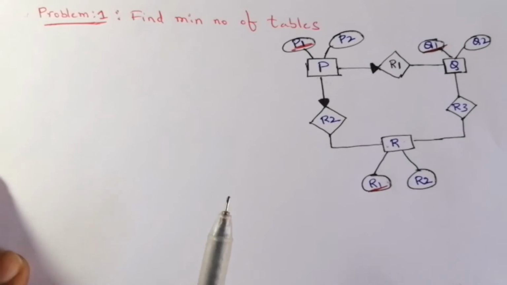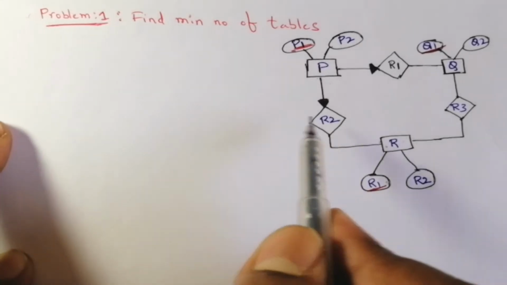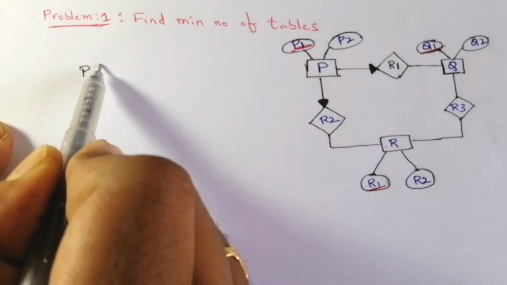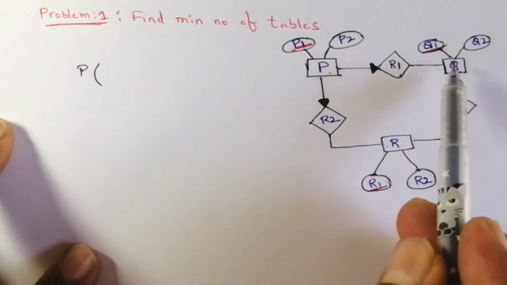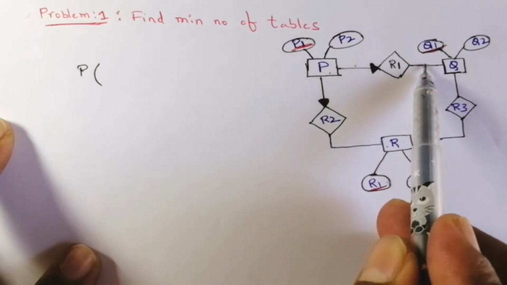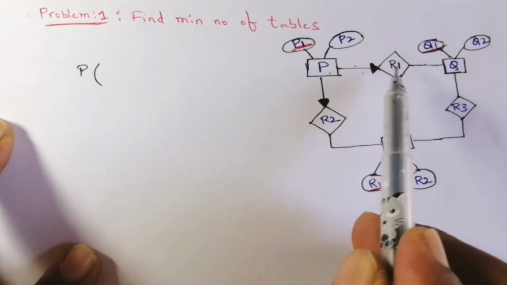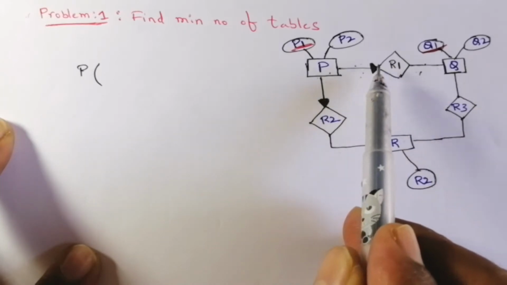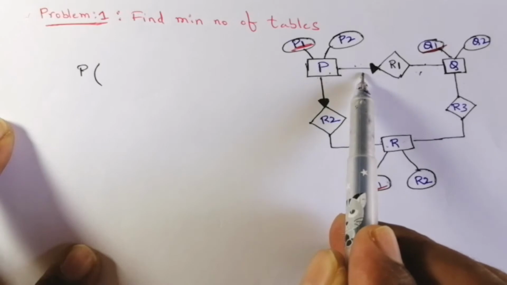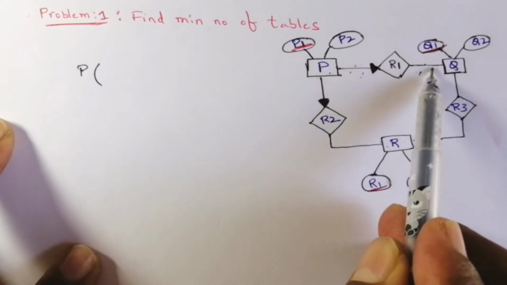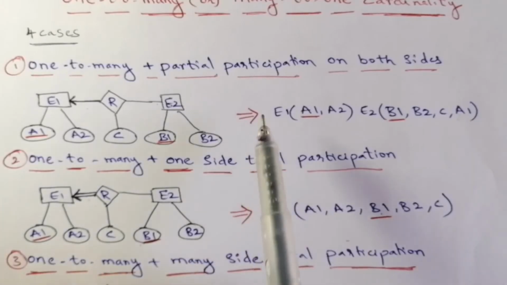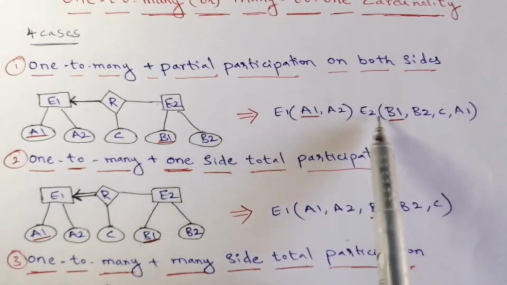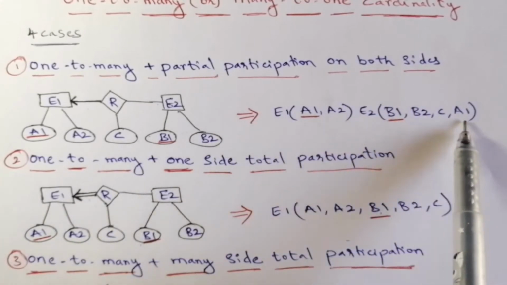Now let us understand how to convert this into relations, and find the minimum number of tables. Let us take our first relation. Let us start from P, right? If I consider P with Q, what is it? Many to one with partial participation on both sides. Now you have to revise your formulas. So when we have partial participation on both sides, the many side is going to absorb the other side.